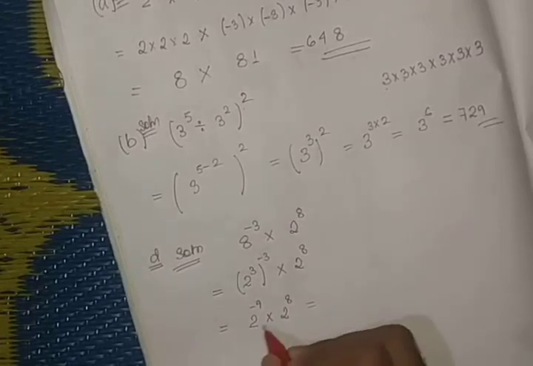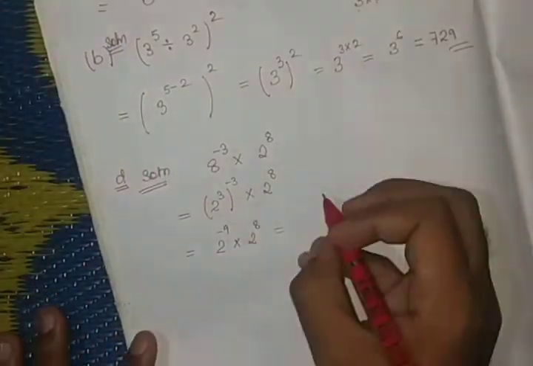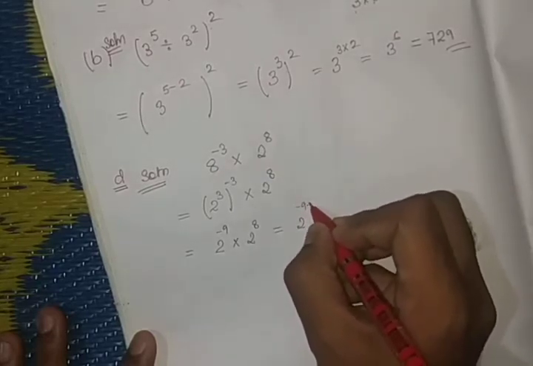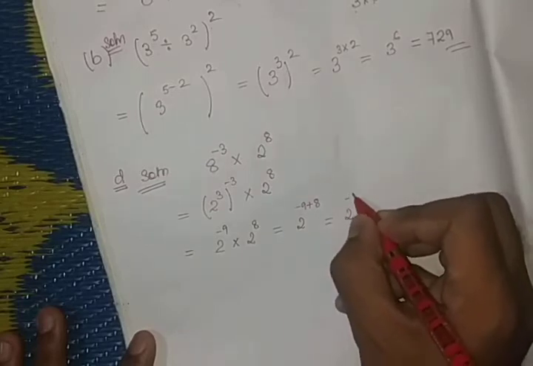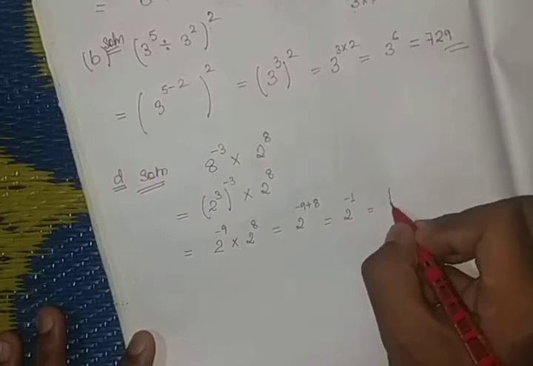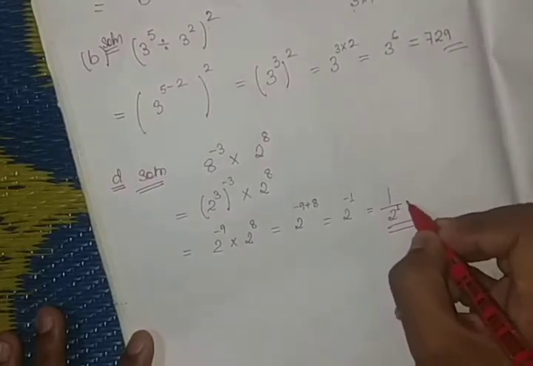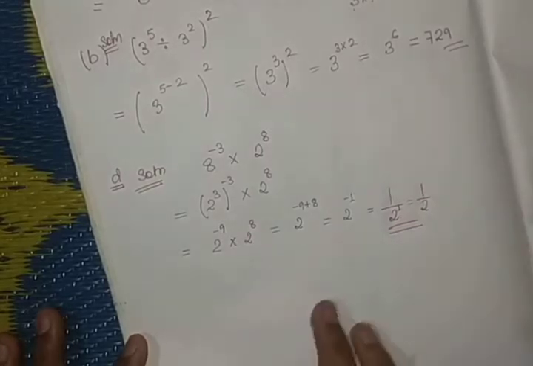Then when the bases are same, in case of multiply, we just add the powers. Then minus 9 plus 8 will be equal to 2 to the power minus 1. Then when the power is negative, we have to convert into positive, so this will become 1 by 2 to the power 1, which is equal to 1 by 2. We don't write the power 1 normally.